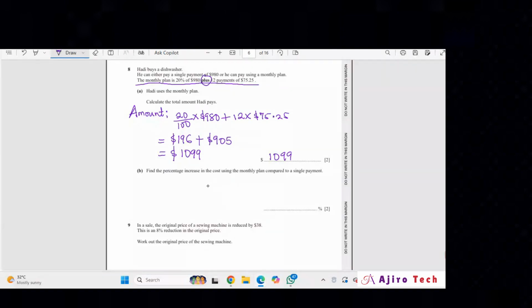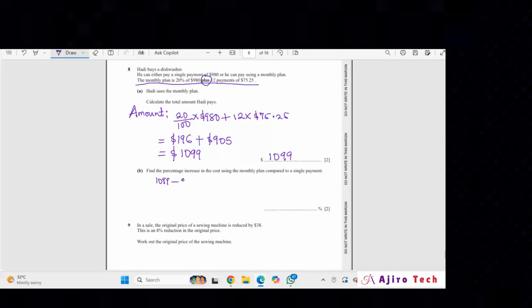Percentage increase. In the case of percentage increase in the cost, using the monthly plan compared to a single payment, find the percentage increase. Very simple. What you just need to do is this: 1099 minus the original one.